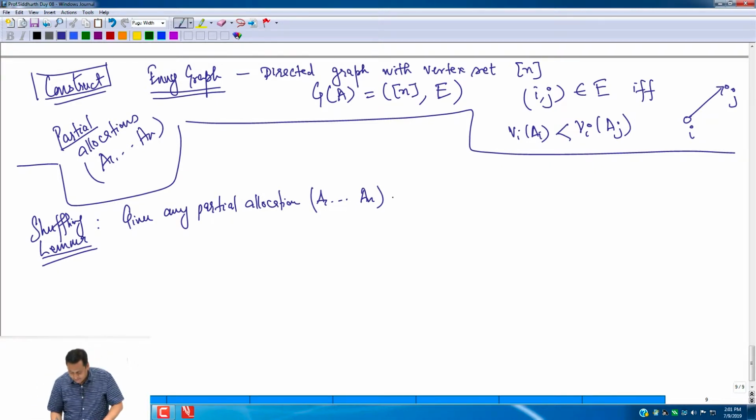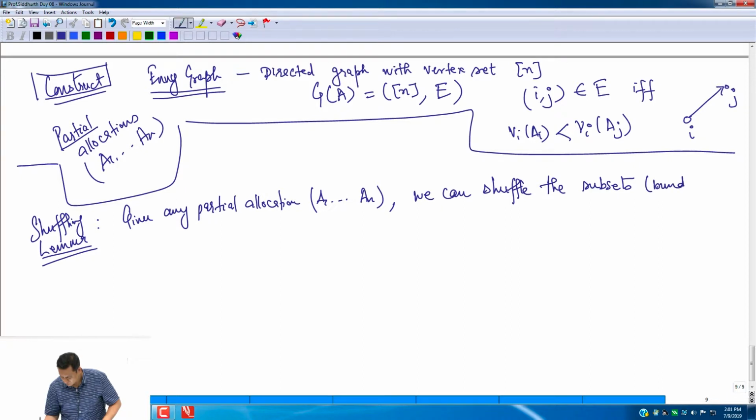You give me any such partial allocation, and what I can do is shuffle these subsets around, and I'll explain properly what that means.